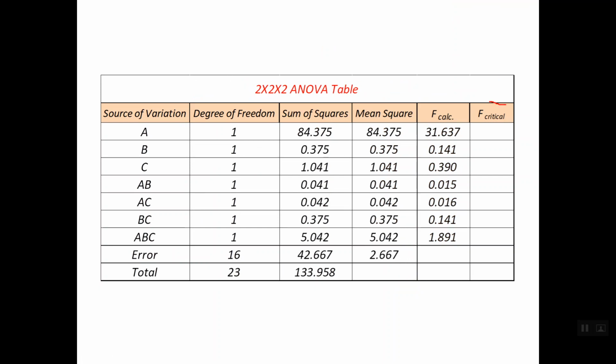The rest here, in order to complete filling the three-way ANOVA table, is to determine the value of the critical F. In order to determine the value of the F critical, we need to know three things. First, we need to know the value of the significance level, and in our question it is 0.05.